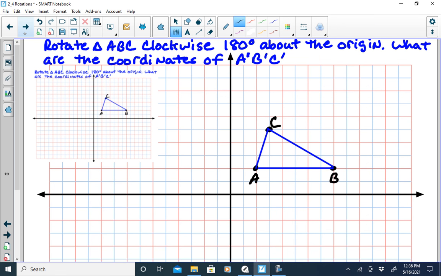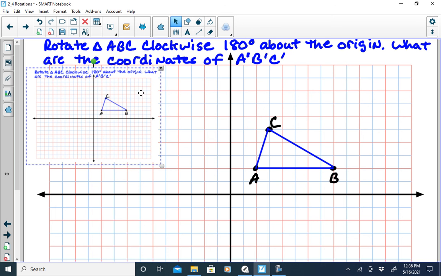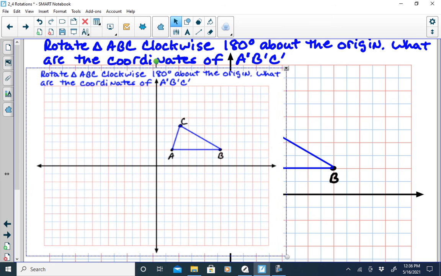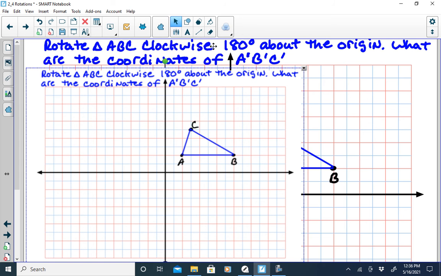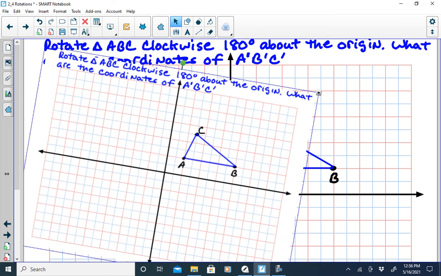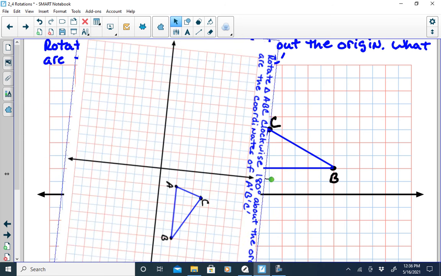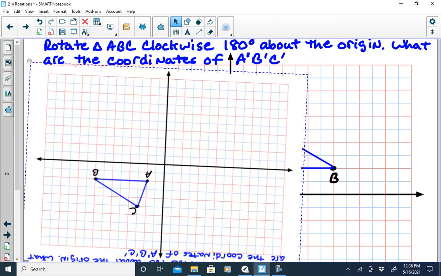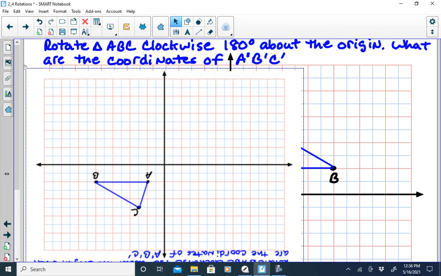Next picture. We want to rotate triangle ABC clockwise 180 degrees about the origin. What are the coordinates of triangle A prime, B prime, C prime? So once again, if we take this original picture and rotate it 180 degrees clockwise, 90 degrees clockwise would look like that. 180 degrees clockwise would be here.